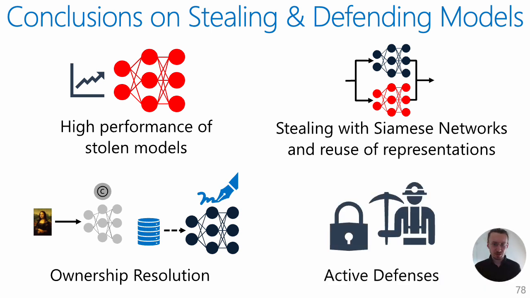So finally, instead of waiting until the model is stolen, we proposed active defenses that do not lower the quality of output for legitimate users. So our defense, called B4B, from bugs for buckets, makes model extraction more difficult.